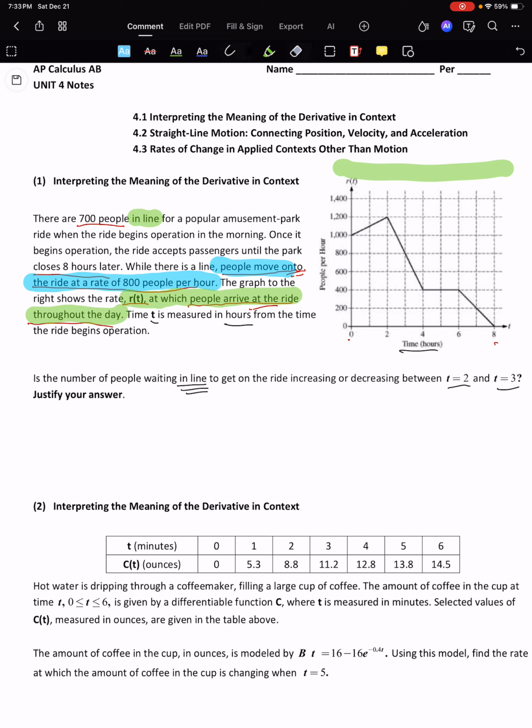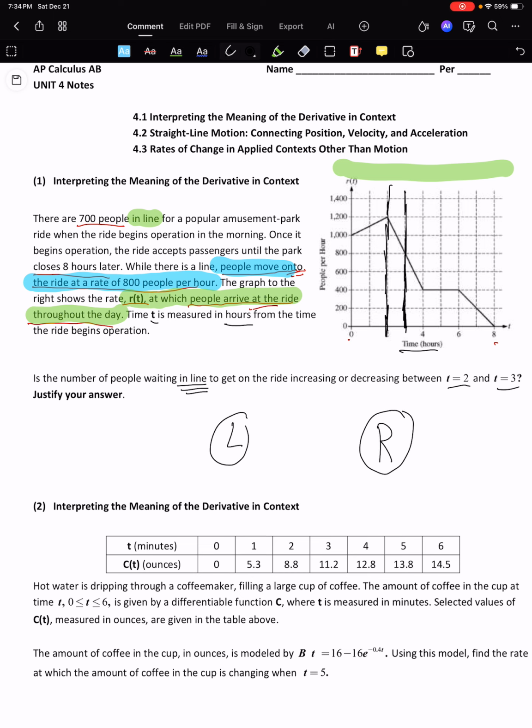So we have times 2 and 3. If you're still a little bit confused, the best way to think about this is to try to draw it out. So we have the ride, and then we have the line.